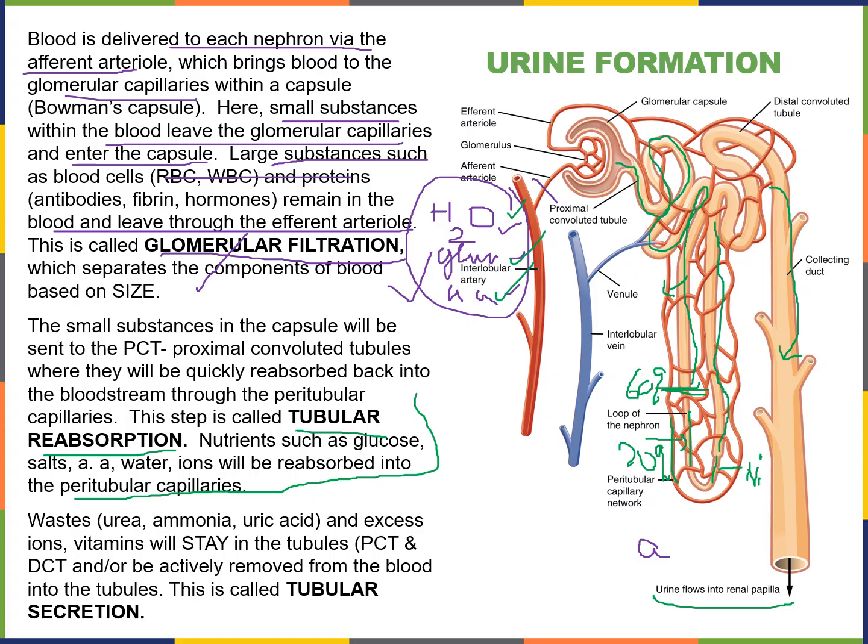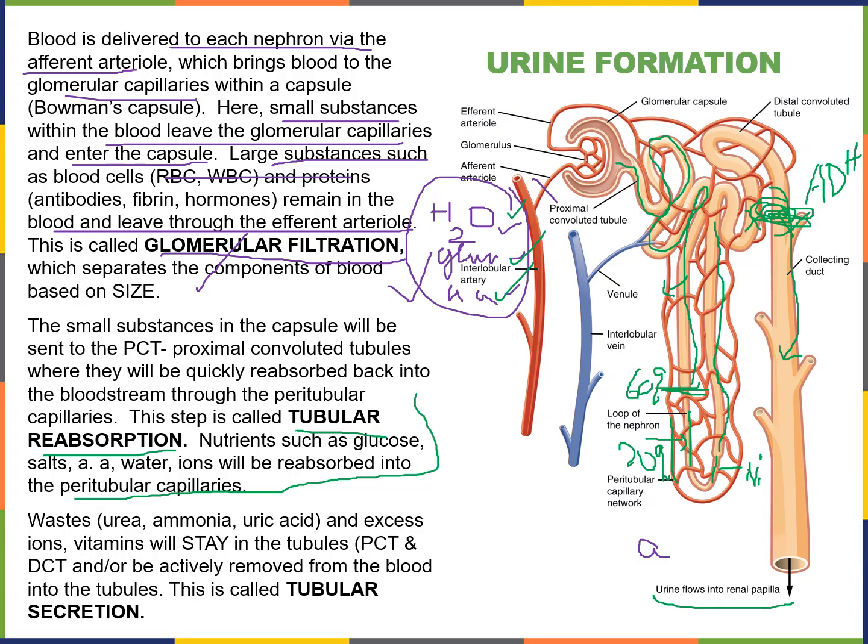So here, in both the distal convoluted tubule and the collecting duct, one of those hormones that you learned about when you were studying the endocrine system, ADH, antidiuretic hormone, acts on these two tubules.